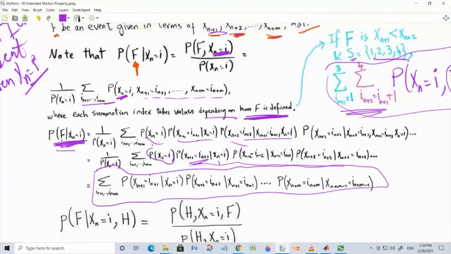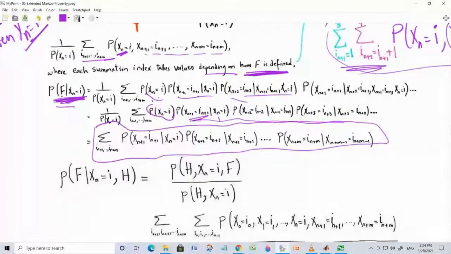So the trick now is to restart, but now conditioning on x of n equals i and h. Now h is an event in terms of the random variables x of 0, x of 1, up to x of n minus 1.